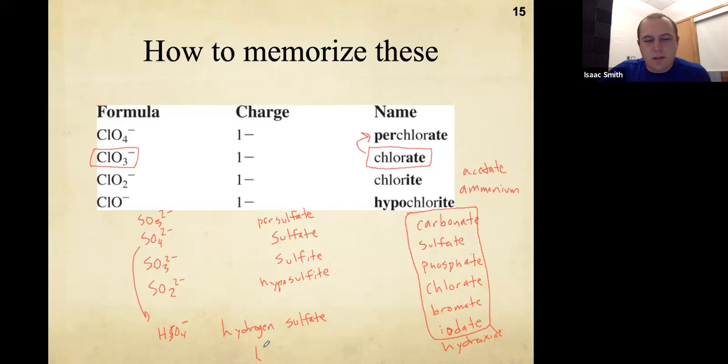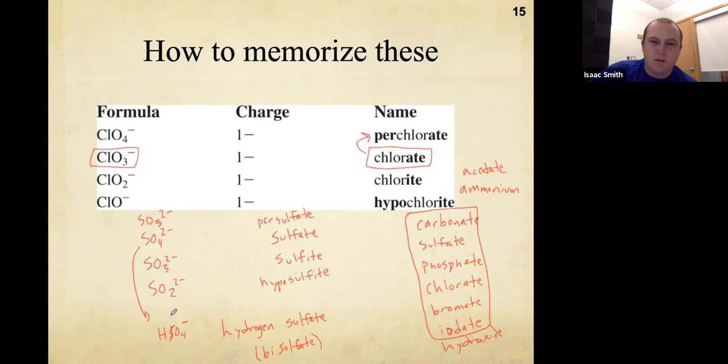You can also write this as bisulfate. I will accept either answer, but you may see it written as bisulfate in homework and stuff. If you add a hydrogen, you just put the word hydrogen in front of it. As far as the formula goes, you put a hydrogen in front of the formula and the charge is reduced by 1 to account for that hydrogen.